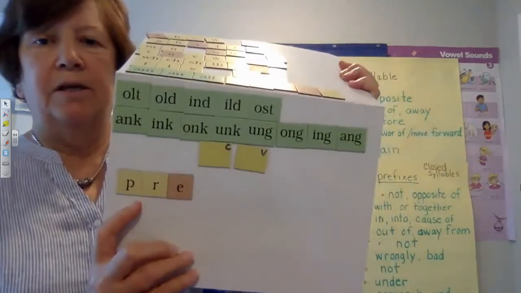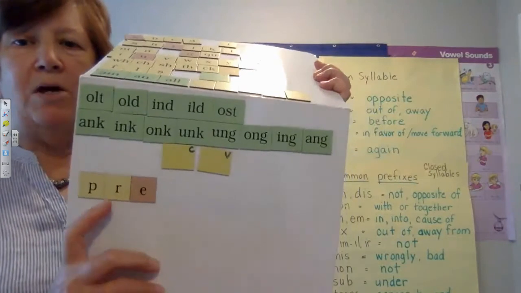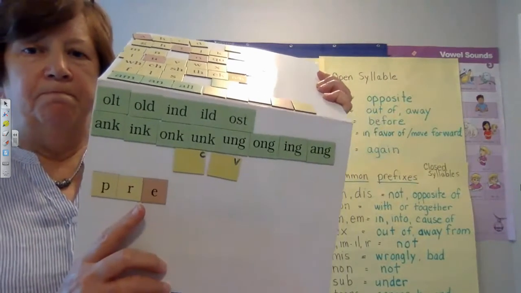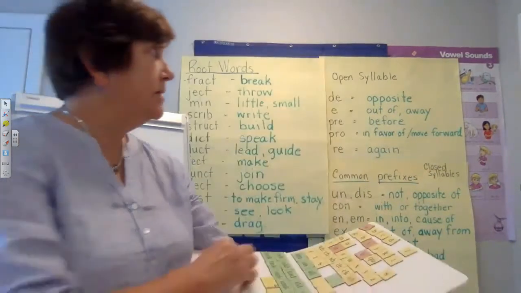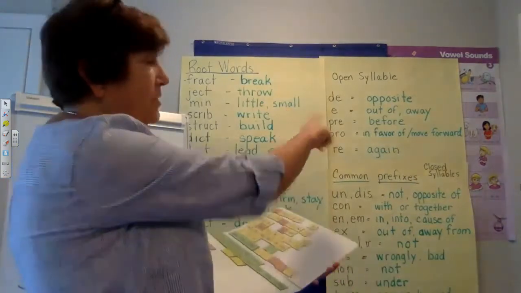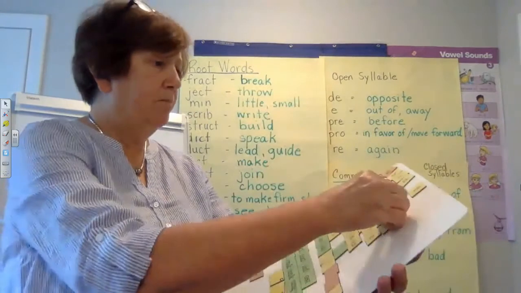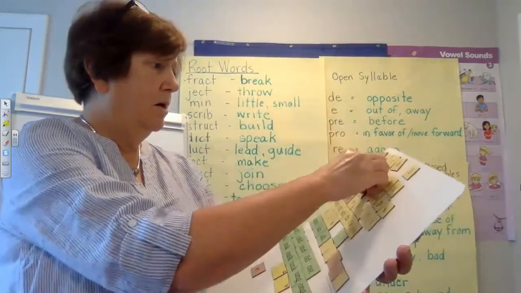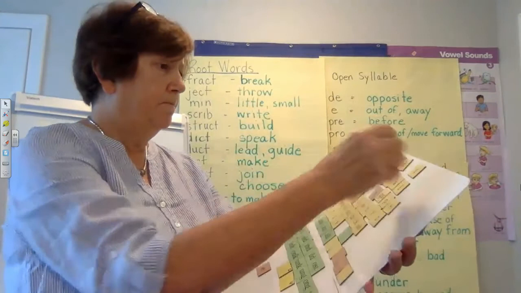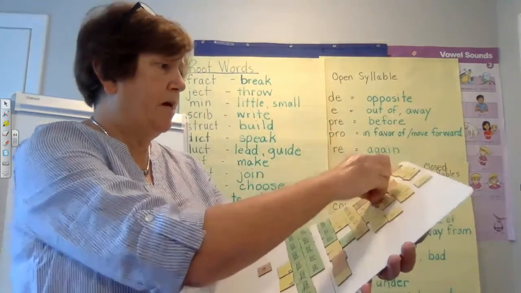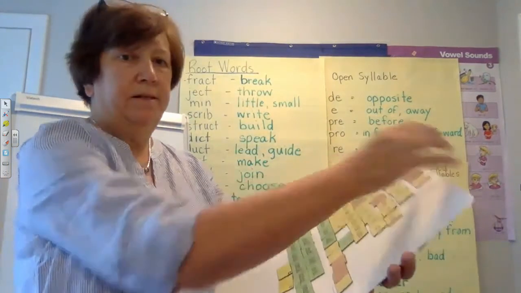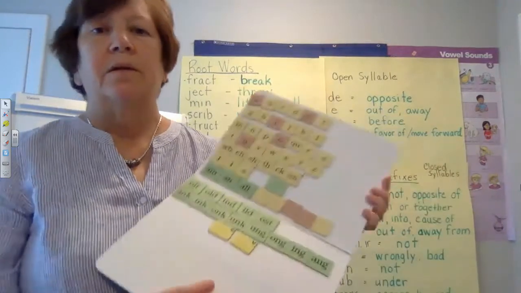There's that prefix, pre, P-R-E. Do you remember what pre means? Pre means before. Good. Let's spell it back. P-R-E. Oops, put it in the wrong spot. Great. Let's try another one.